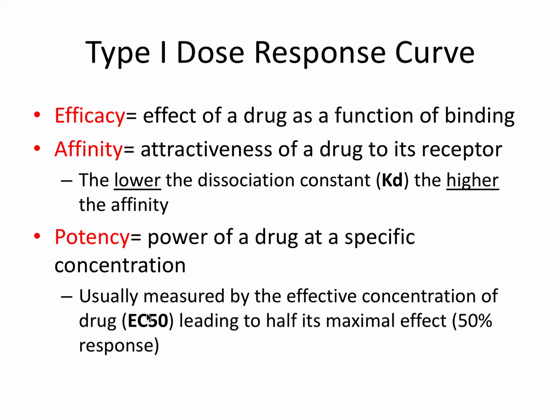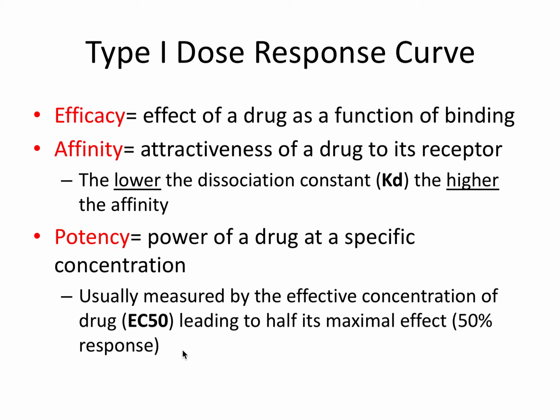And so EC50 indicates how much of a drug is needed to achieve 50% of the maximum response. And the more potent a drug, the smaller this EC50 value will be. And this value is directly obtained from the dose-response curve.